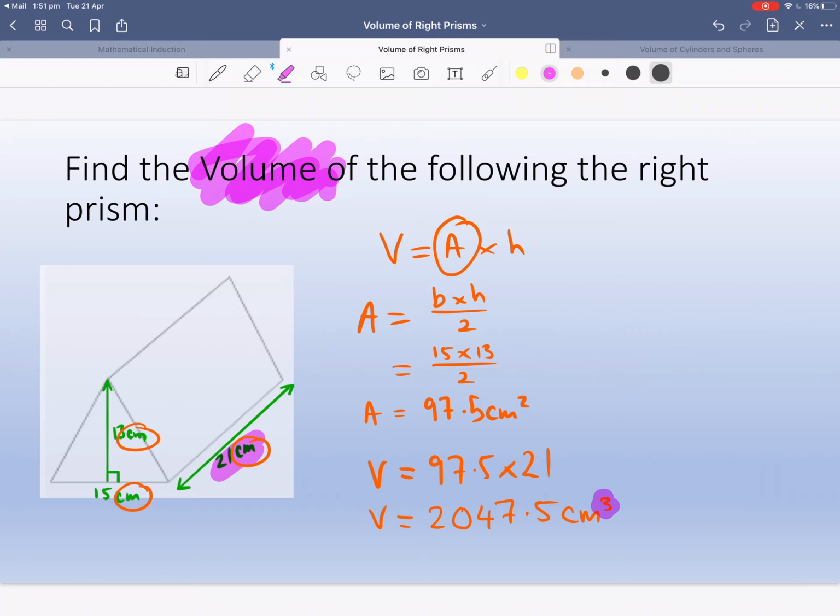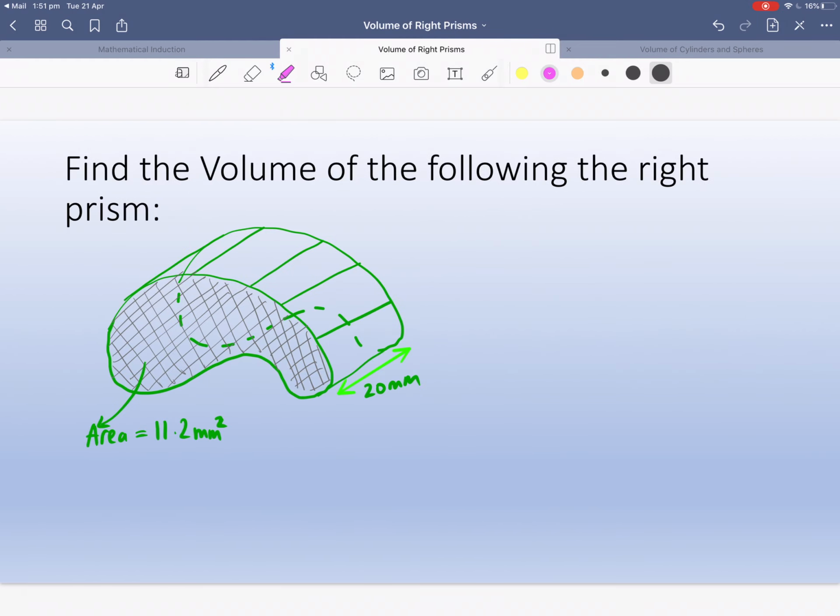All right, one more example. Here we've looked at two really popular examples, but look at this one here. This is a weird shape that I drew. But we can actually find the volume of this using the same formula, V equals A times H. The reason for that is that it has a cross section and it tells us what the area is, and it's 11.2 millimeters squared.